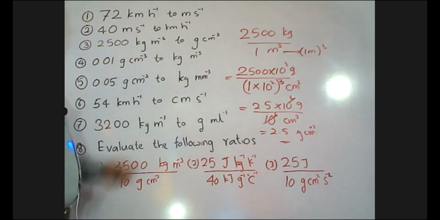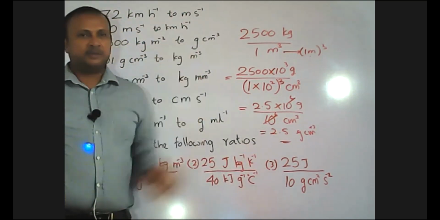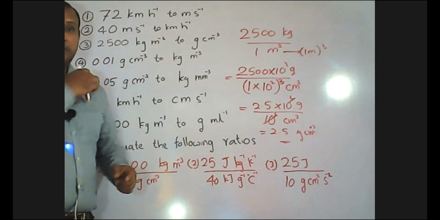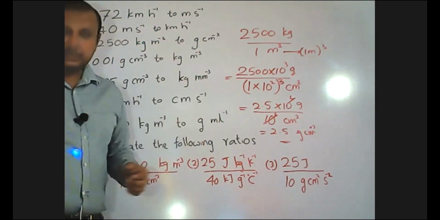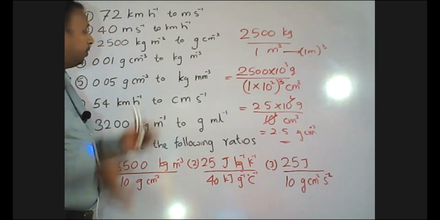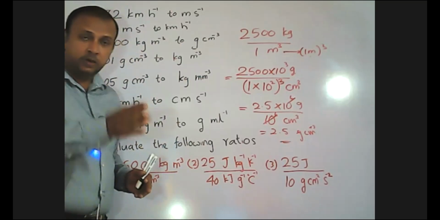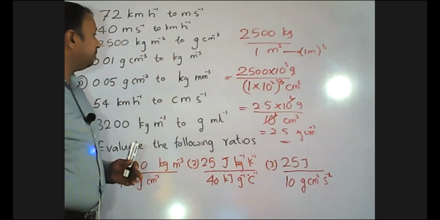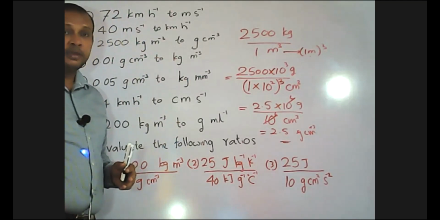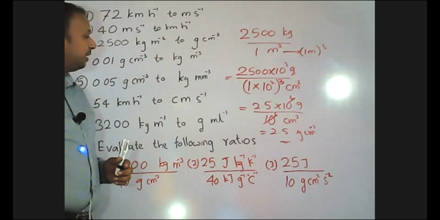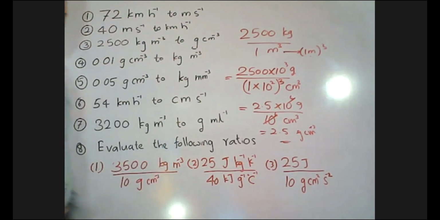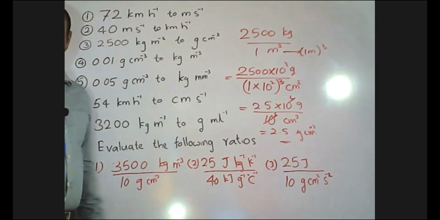You can remember that one, because there will be some examples where we need that conversion. If you want to convert kilogram per cubic meter into gram per centimeter cube, then you have to divide by 1000. My answer is 2.5.